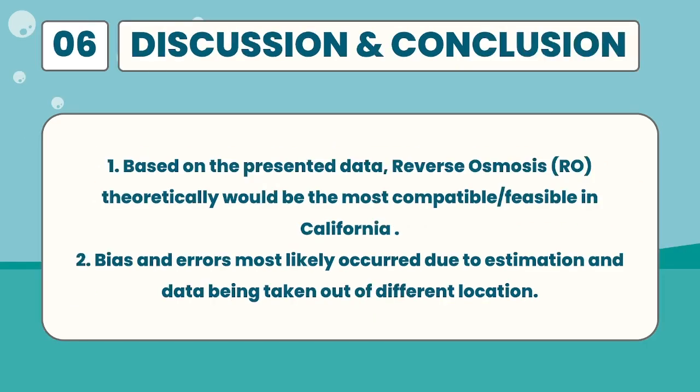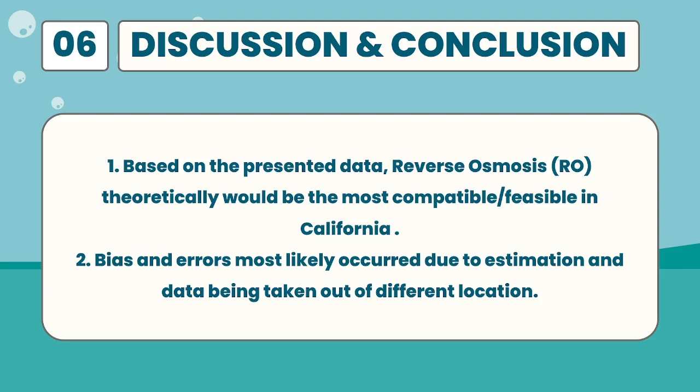So, for the conclusion and discussion of this presentation, based on the information that I have shown, reverse osmosis would theoretically be the most compatible and feasible process in California.